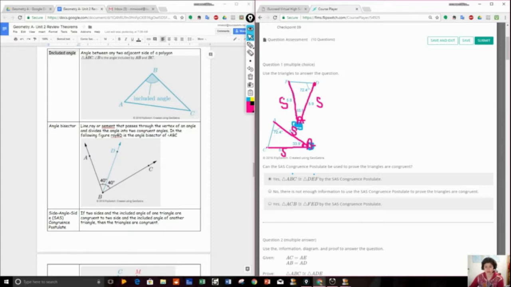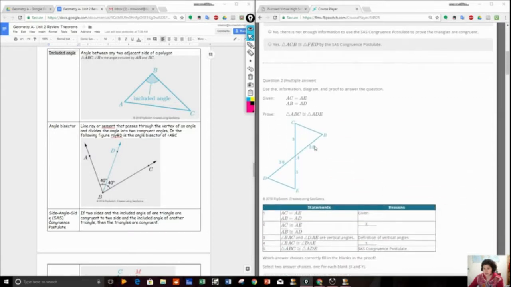So then we moved on to angle B, and its corresponding angle was angle E, and that one did work. If it didn't, we could have moved on to angle C and its corresponding angle F. And if none of those angles had adjacent sides that were congruent, then it would have been a no.